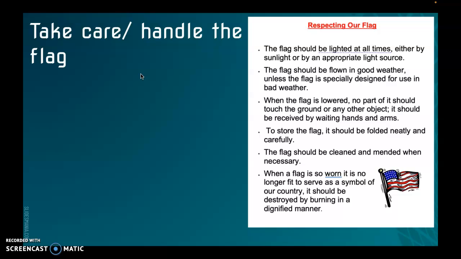So if it's worn and it's got holes in it, we don't just toss it in the trash can. No, this is a symbol of our country, so we have to dispose of it properly by burning it. And I do have a video that shows how we neatly fold the flag to store it. That will also be in your Google Classroom as well. So please make sure to watch that video after this one.